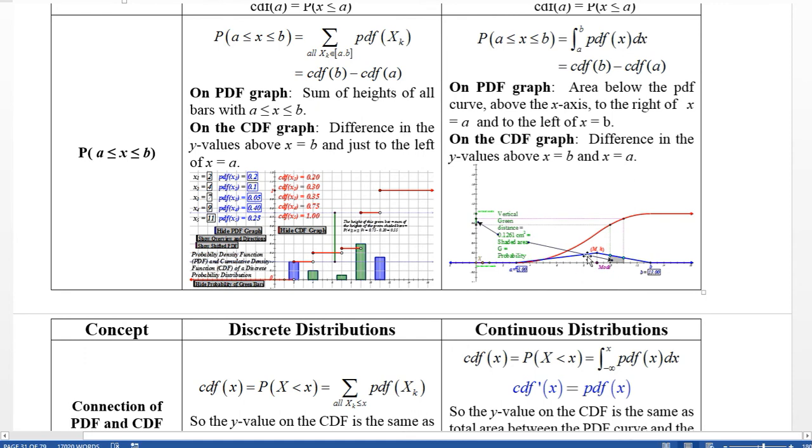So that would mean the area to the left under the PDF is a half, or it would mean that the y value on the CDF is a half. So we could find that by taking wherever 0.5 is here on the y-axis, draw a horizontal line across from that, find the x and bring it down, and that would be it.